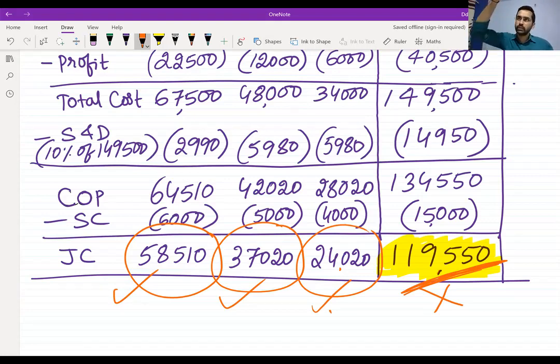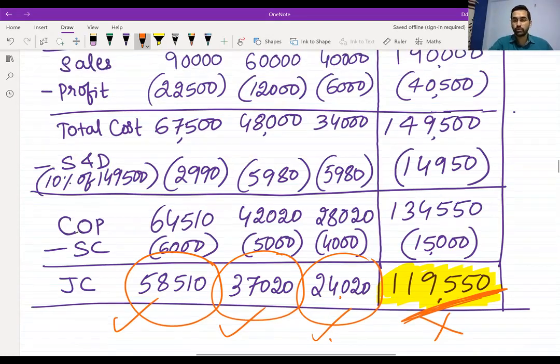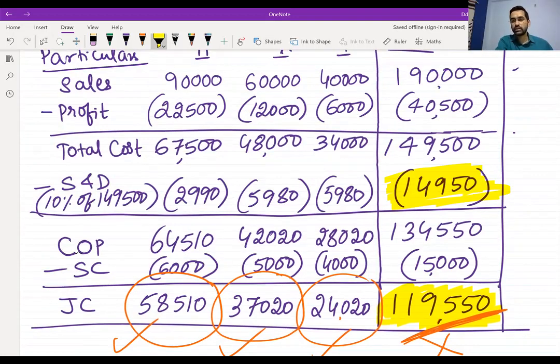Sir, then why did you prepare the total column? Unnecessary? No, it's not unnecessary. If you don't prepare total column, you will not get this number. This 14,950 was 10% of the total. If you don't prepare the total, how will you get this number? Without it, you can't do 10% of total and then how will you apportion? All this is not possible, right?